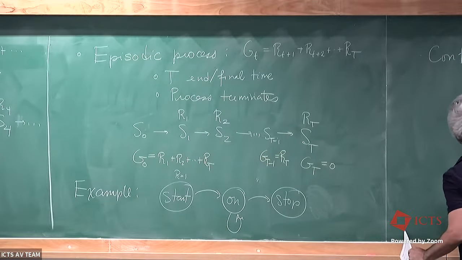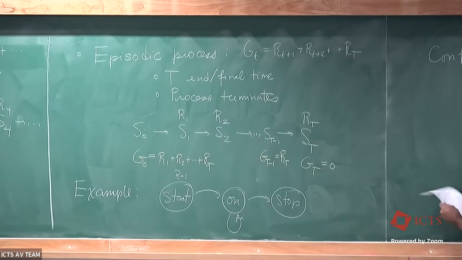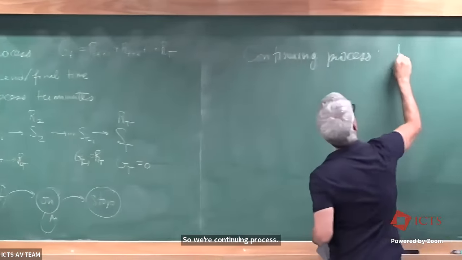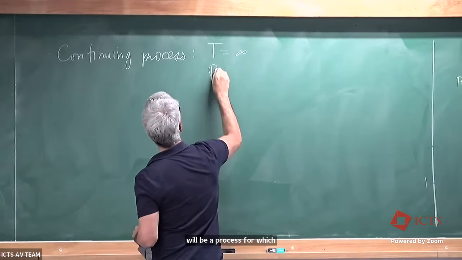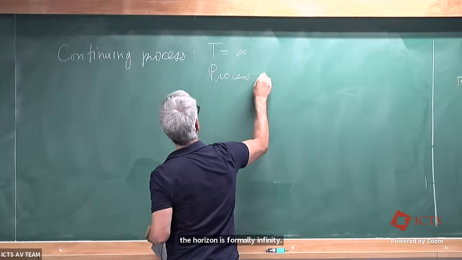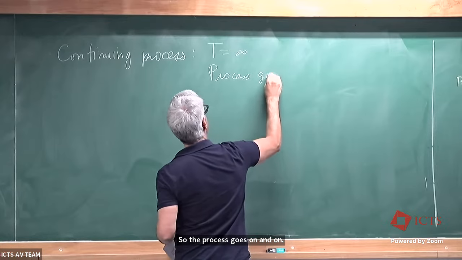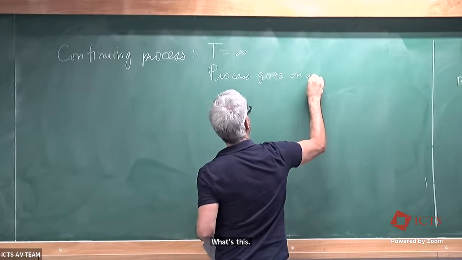A continuing process is a process for which the horizon is formally infinity. So the process goes on and on.